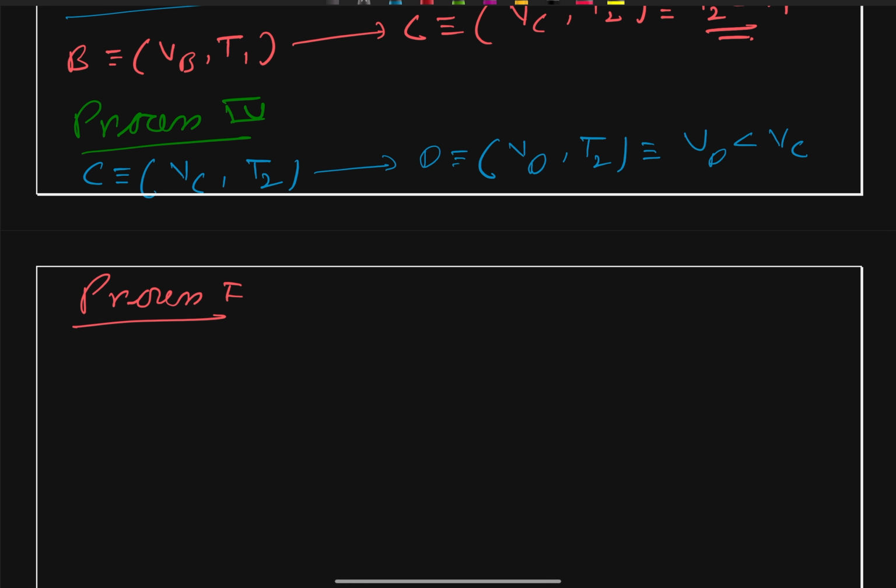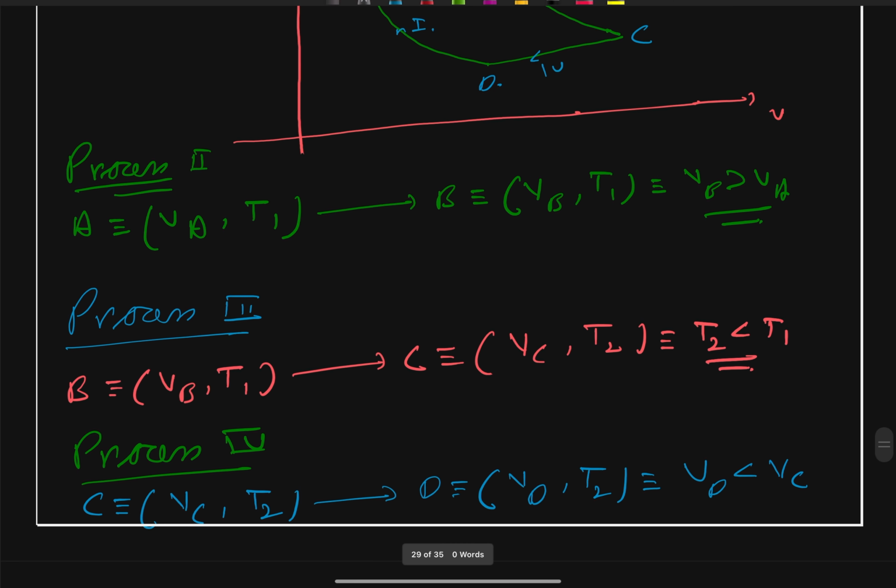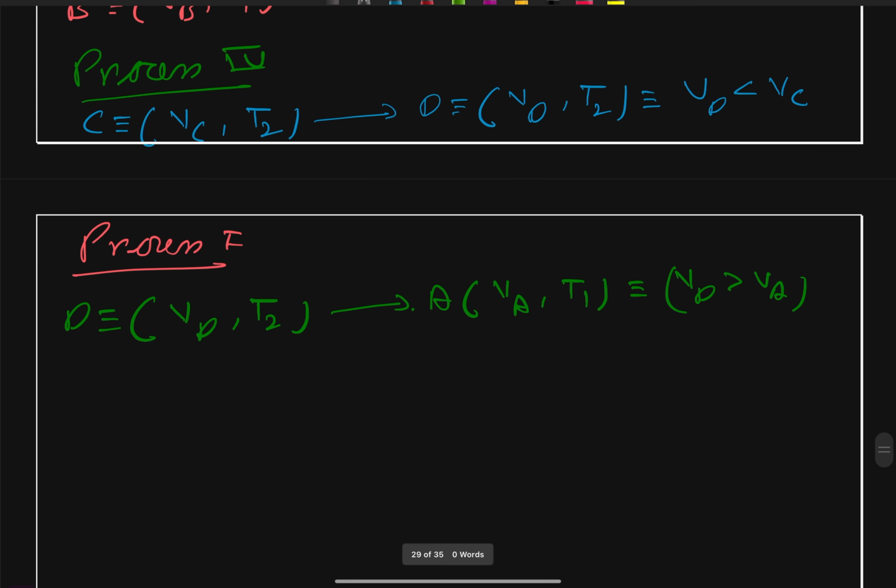Process 1 starts from D. D is VD and temperature T2, and it ends at A, which has a volume of VA and temperature T1. From here also we can say that VD is greater than VA.